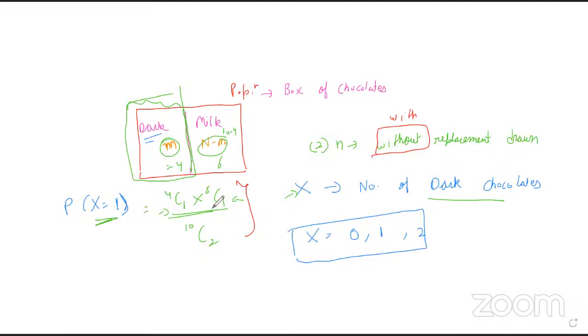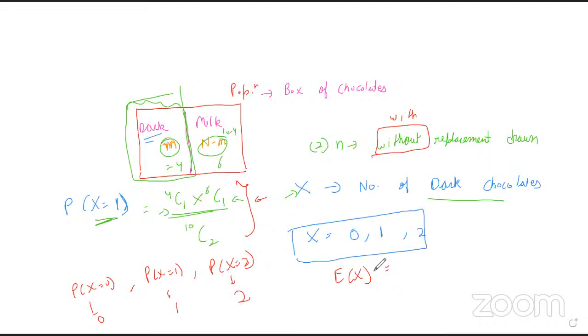Okay, so you are saying that you can simply do it by permutation combination, right? But if I ask you to compute the expected value of x, in that case, you will have to compute the probability of x equals 0, x equals 1, and x equals 2, right? You need to compute all these three, and then multiply by 0, by 1, by 2 to compute the expectation, right?